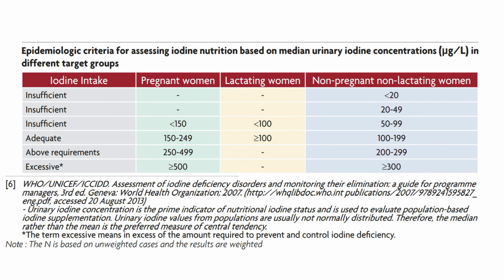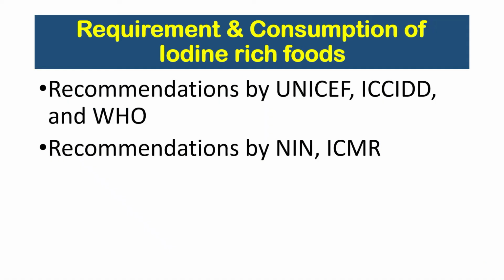In the same way, among pregnant women, the adequate levels are even higher, with 150 to 249 micrograms per liter, and any amount less than that is insufficient because she has to have more reserves and requirements because of the growing fetus.